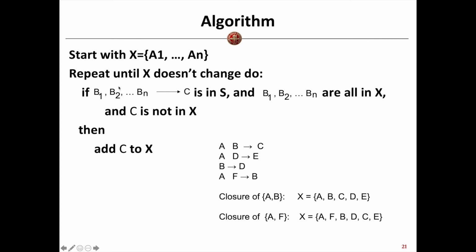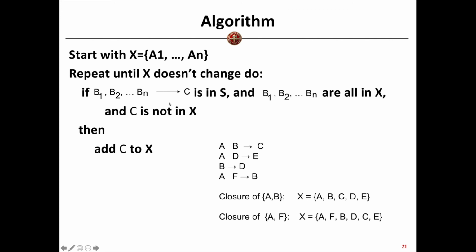We repeat until X doesn't change anymore. Within the loop, in each step, we check all the FDs in the S set, like B1 to Bn implies C. For each FD in the S set, we check if B1 to Bn are in X or not, and we also check if C is in X or not. If B1 to Bn are in the X set and C is not, then we add the attribute C to the X set.